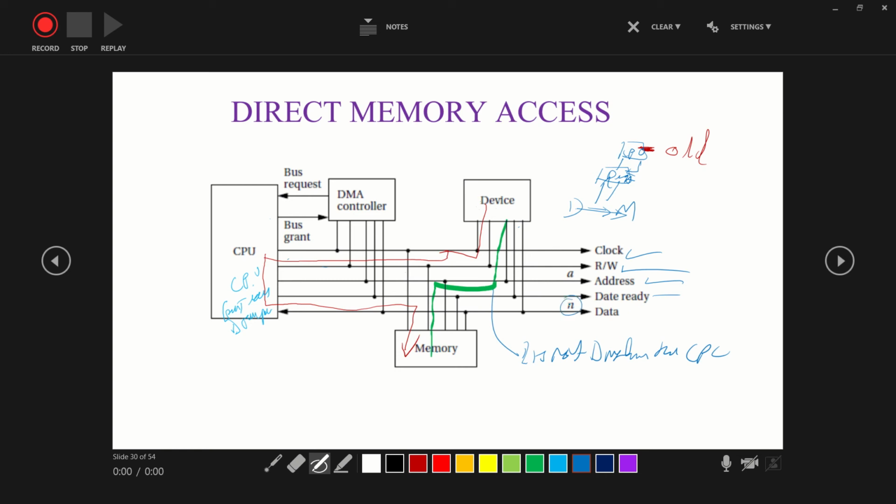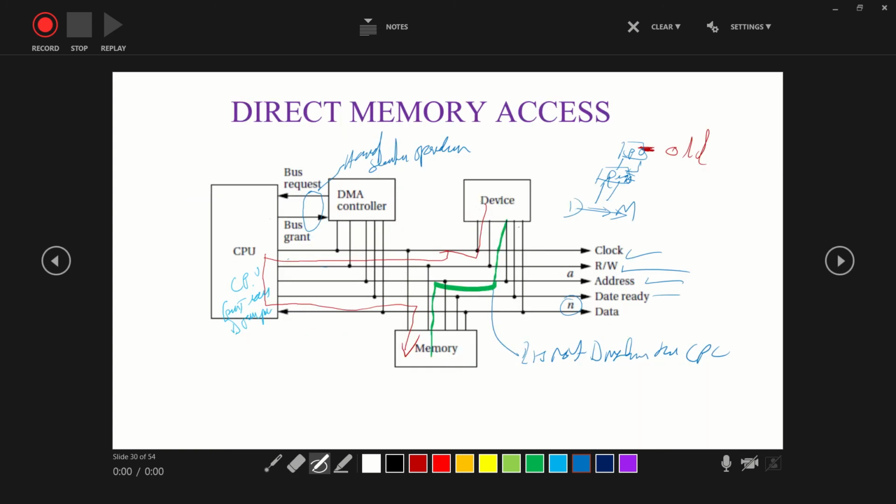This is an n-bit system. This information is used for the memory data transfer. This is nothing but the handshaking operation. So this is the entire operation of the DMA, right?